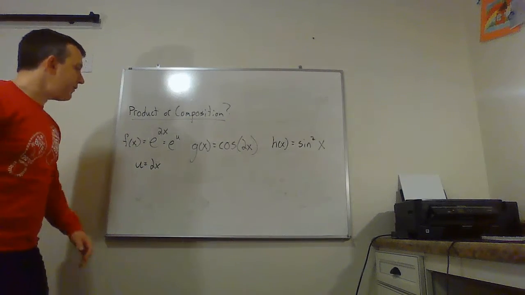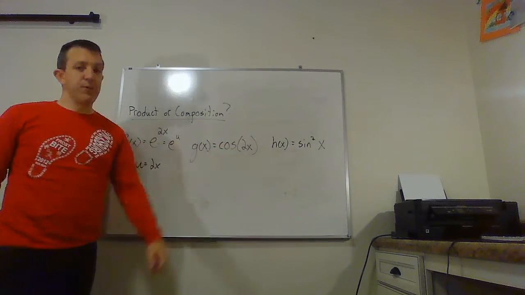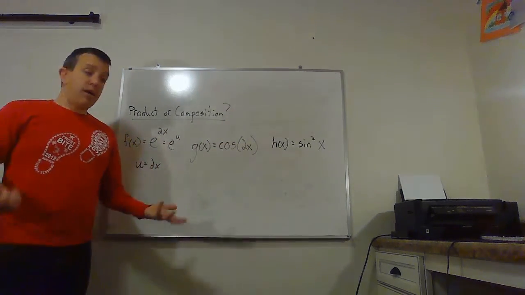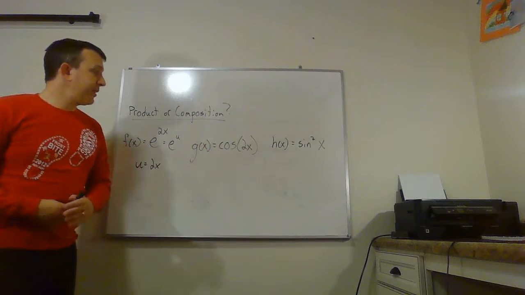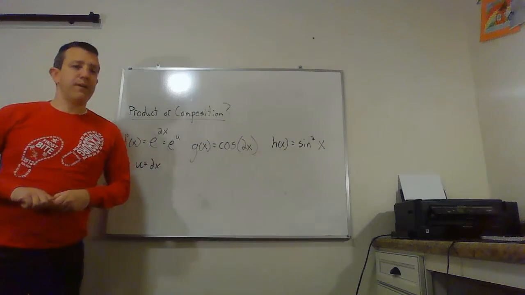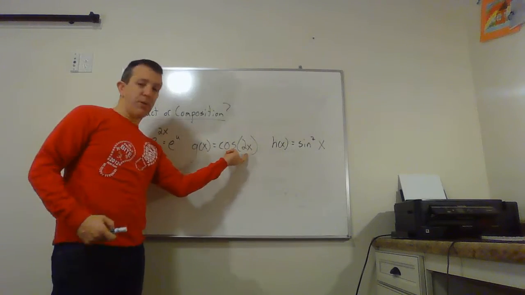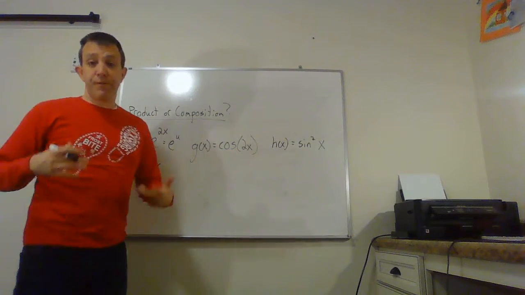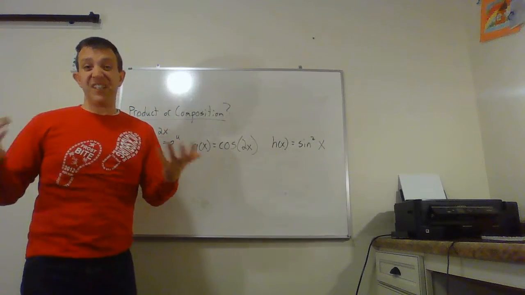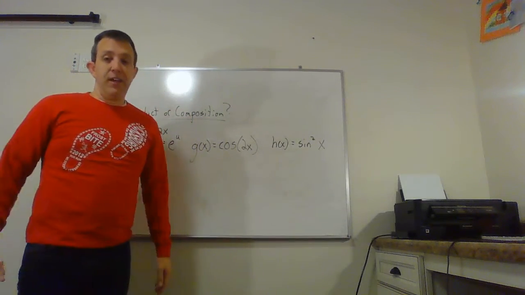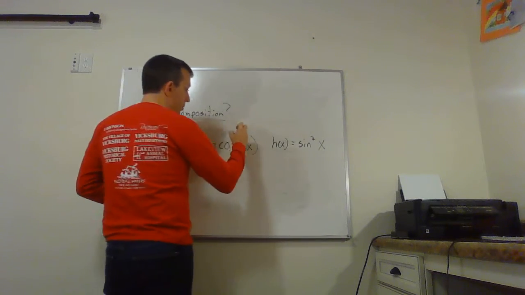All right, what about g of x is equal to cosine of 2x? It's actually almost identical to this last one. This is one that's commonly people make mistakes on. For some reason, people see a product here where there isn't one. Remember, to take a cosine or a sine or any trig function, you have to take the cosine of something. And the something here is the 2x.